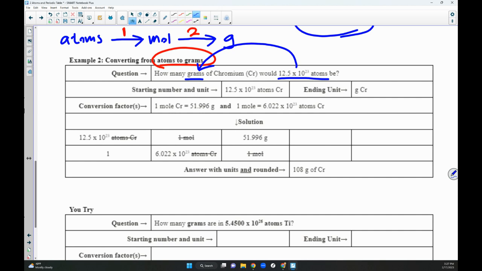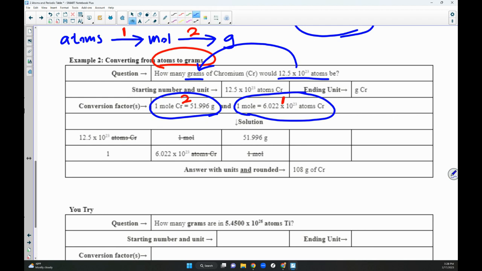For each one of those, I'm going to need a conversion factor. I actually have these out of order here. For step 1, we're going to need this conversion factor, so I'm going to write a 1 above it. And for step 2, we're going to need this conversion factor, so I'll write a 2 above it.